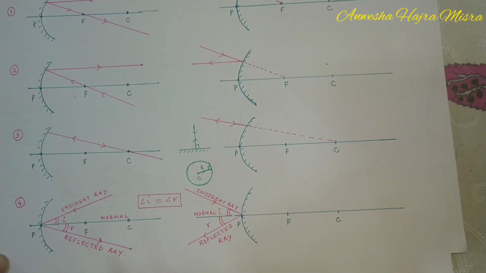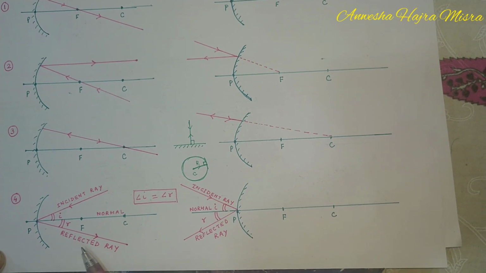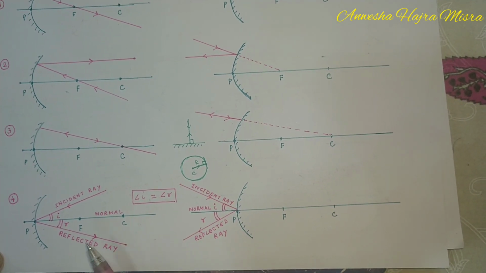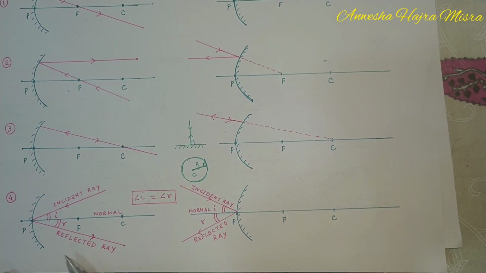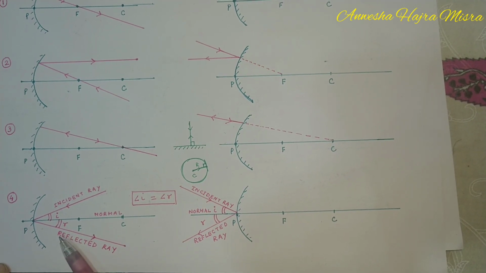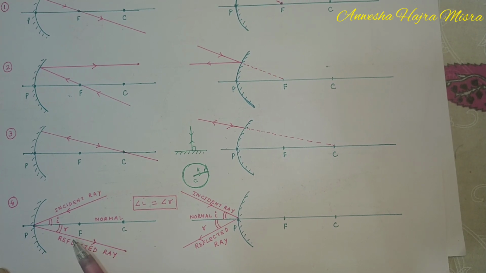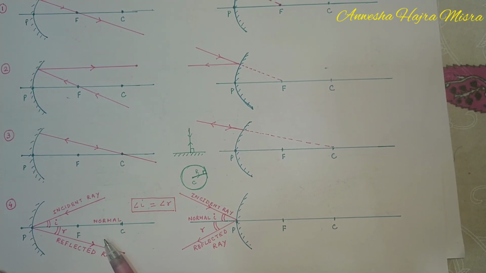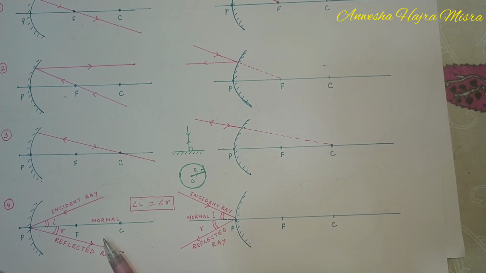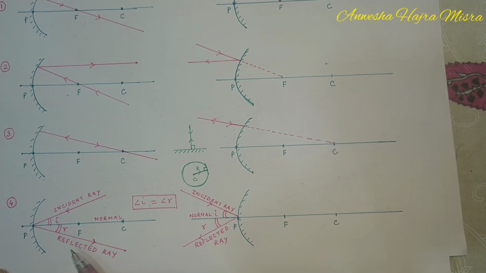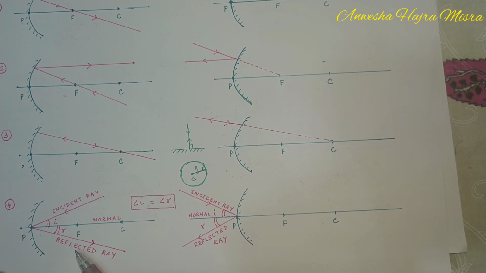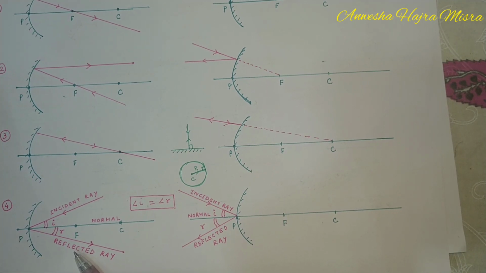Why? Because this is also correct. It's not that it is wrong. But the thing is, while doing it, you have to use your protractor. And while using a protractor, if you make a mistake of 1 or 2 degrees, your image won't be formed at the same point. So try to avoid the 4th ray. Try to finish your diagram with the first 3 rays.